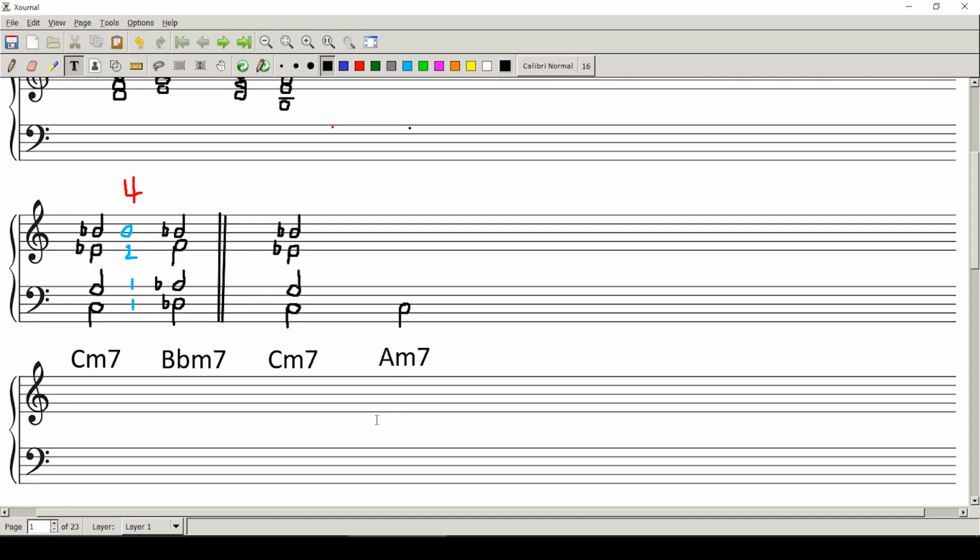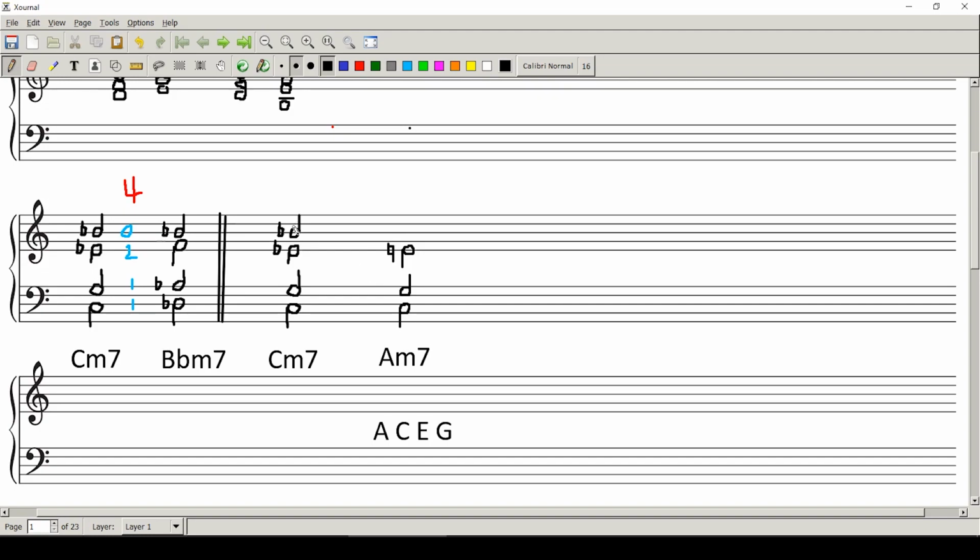So here, the notes in this chord that I'm looking for are A, C, E, and G. Root became third. Fifth will become seventh, just like it did over here. Fifth becomes seventh. Third becomes fifth, so E flat will go to E natural.